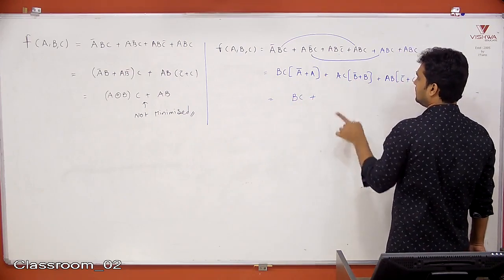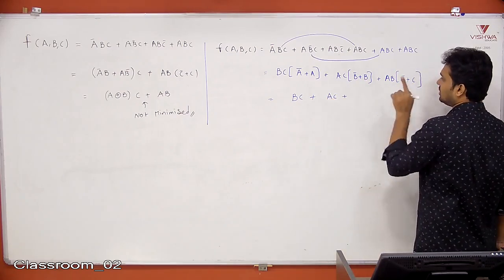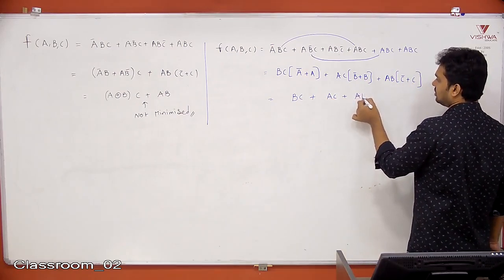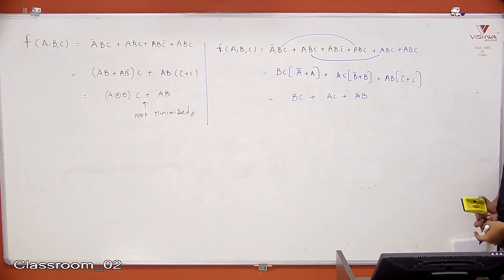B bar plus B is 1, this is AC. C bar plus C is 1, it is AB. So this is the minimized expression.